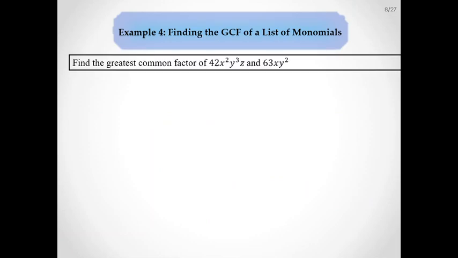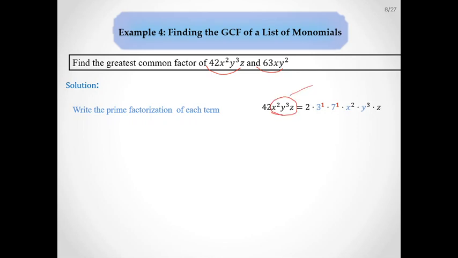Now, in this example, let's try to find the greatest common factor of 2 monomials. We have 2 terms, 2 monomials, and we will try to find the greatest common factor. So we write the prime factorization of each. Here, you don't touch this part, because these variables are treated as prime numbers, so do not touch them.